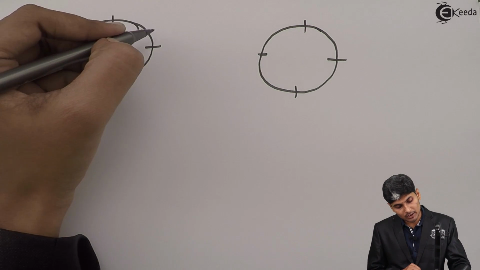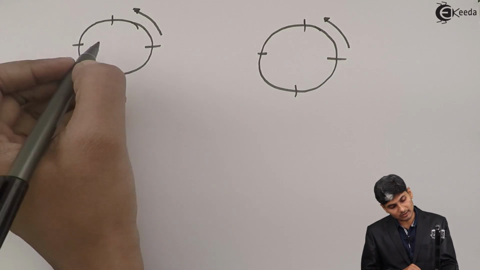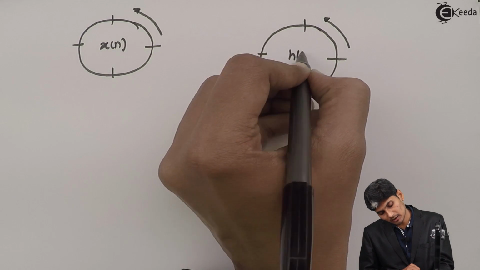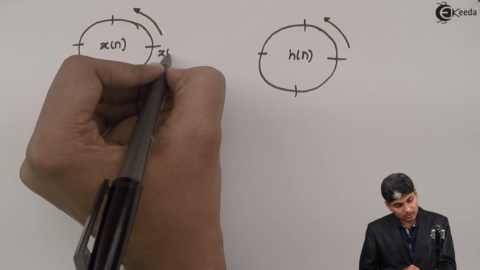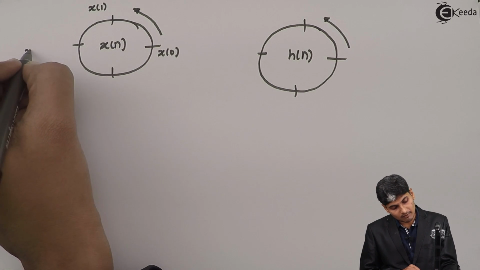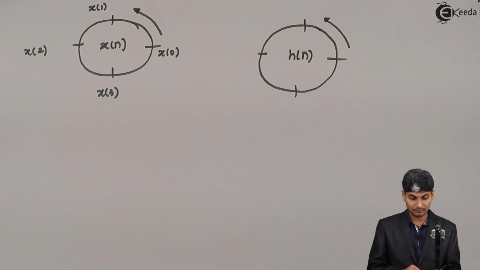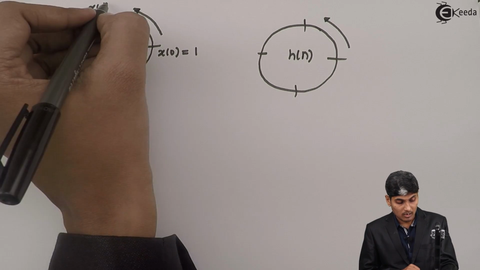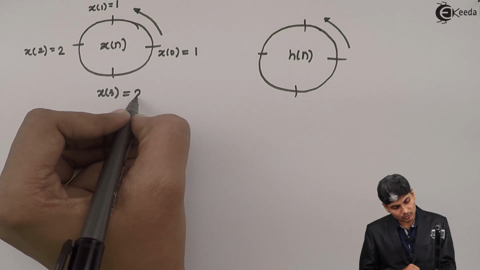Then I will put the sequence in this order. This is my x of n, and this is my h of n. I will put my x of 0 here, then x of 1 here, then x of 2 here, and x of 3 here. x of 0 is 1, x of 1 is 1, x of 2 is 2, x of 3 is 2 again.